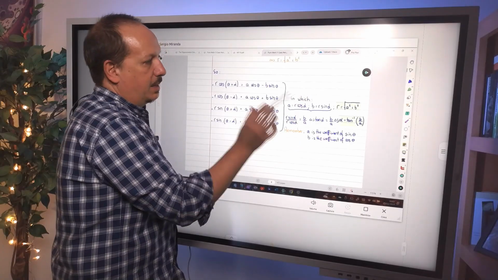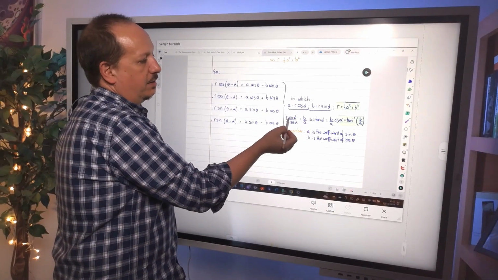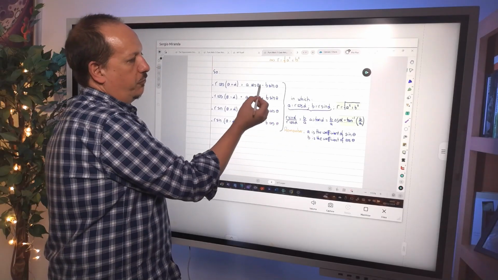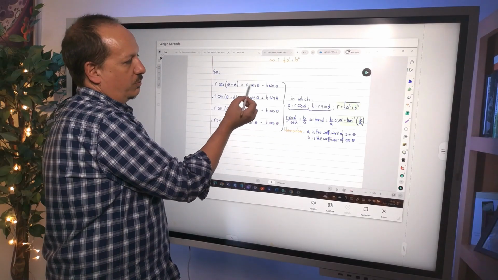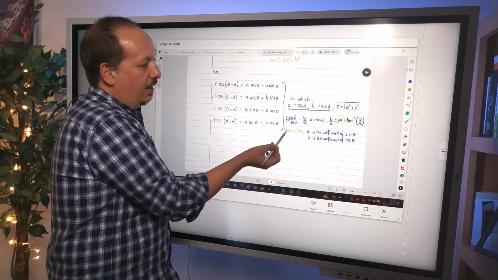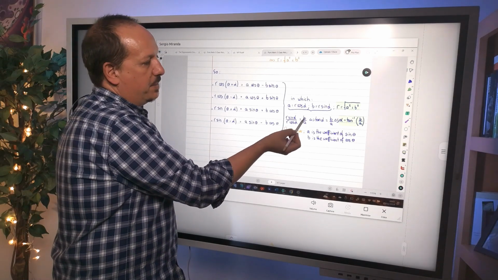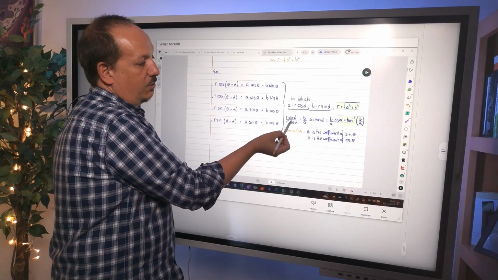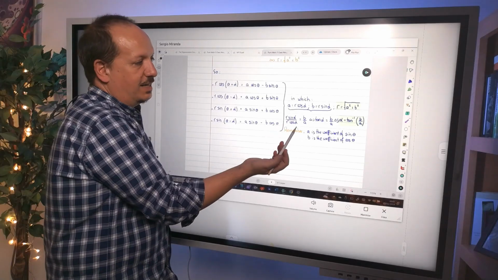R is the square root of that. Already have done that. But if you divide this by that, B by A, the coefficient of this one by the coefficient of that one, the r's are going to cut out, and you just have B over A. And you'll have also the sine over the cosine, which is what? Is a tangent.